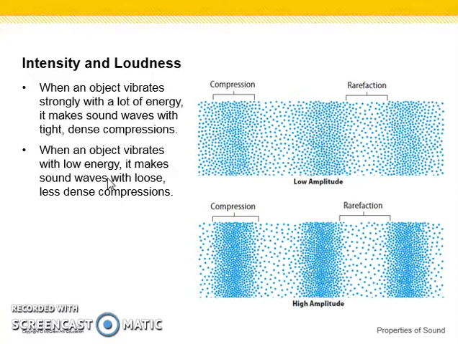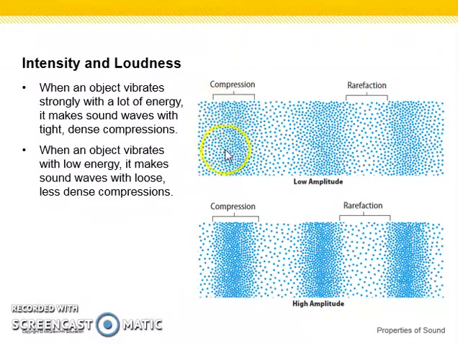So if we take a look at the picture, you do not need to write it down, but you do need to write a third bullet point that there was an image that you need to see in your textbook, and write down the page number where it can be found. You can see the difference between a high amplitude. Here we have a high amplitude, and let's take a look at our compressions here compared to our compressions here.